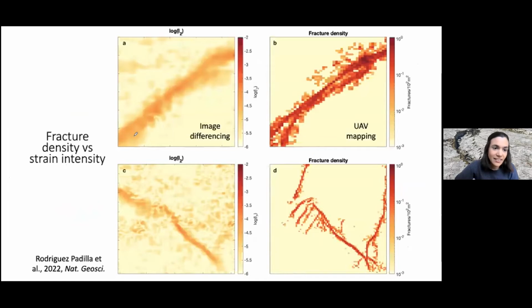We can see this area of high strain thinning and widening similarly to how the fracture density is doing. But I want to point out some areas of disconnected high fracture density that do not necessarily appear on the strain maps. And I think this warrants caution when we're thinking of probabilistic displacement hazard analysis and where our surface displacements are. There are areas of fracturing that are just not resolvable from the strain maps. So I think these highlight the value of high resolution orthophotography in identifying individual fractures.